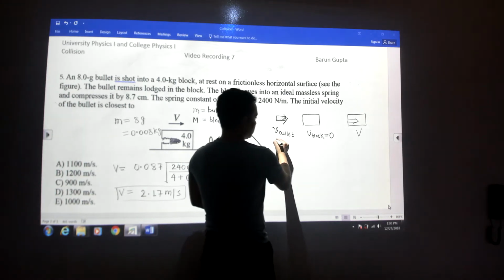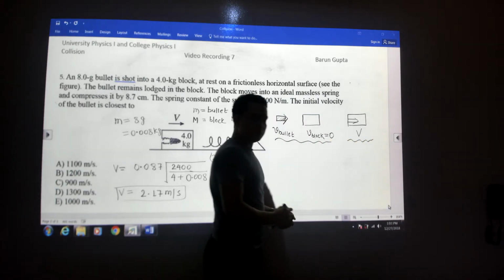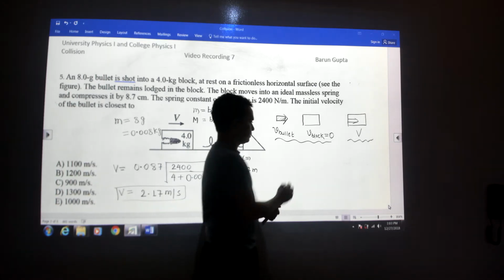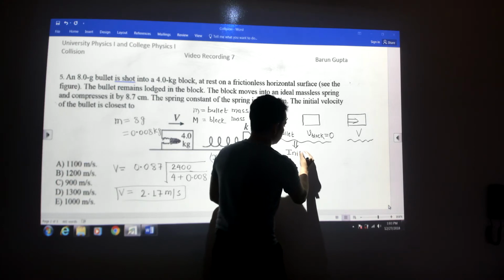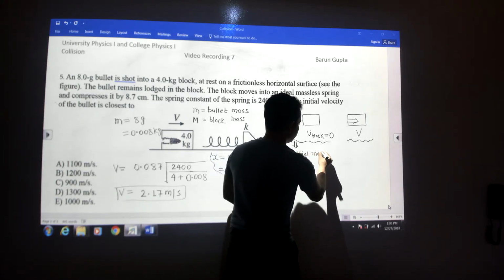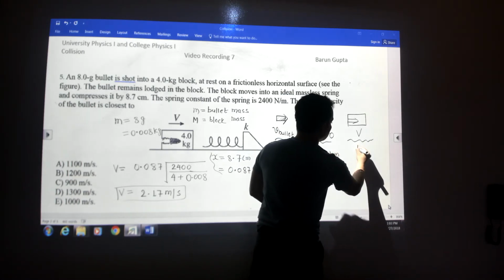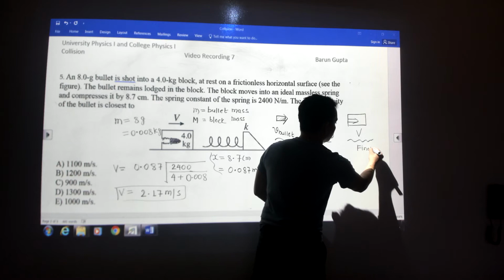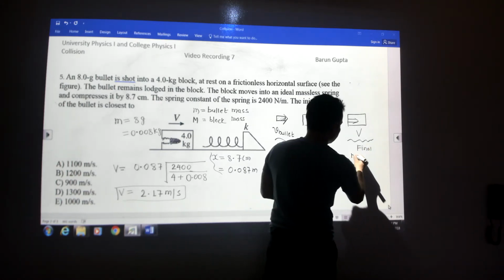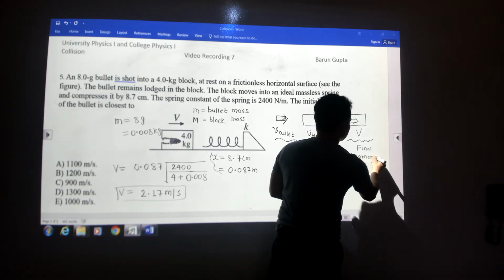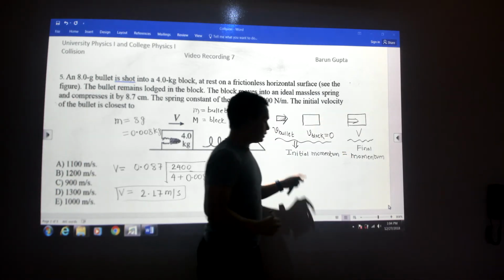What is the principle of conservation of momentum? It tells you this is the initial momentum and this is the final momentum, and both have to be equal. Final momentum means after the bullet hits the block. What is the initial momentum?